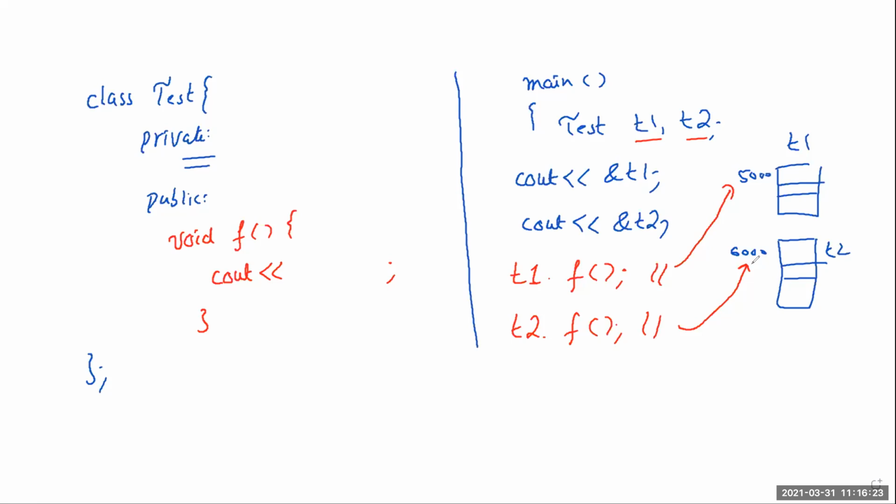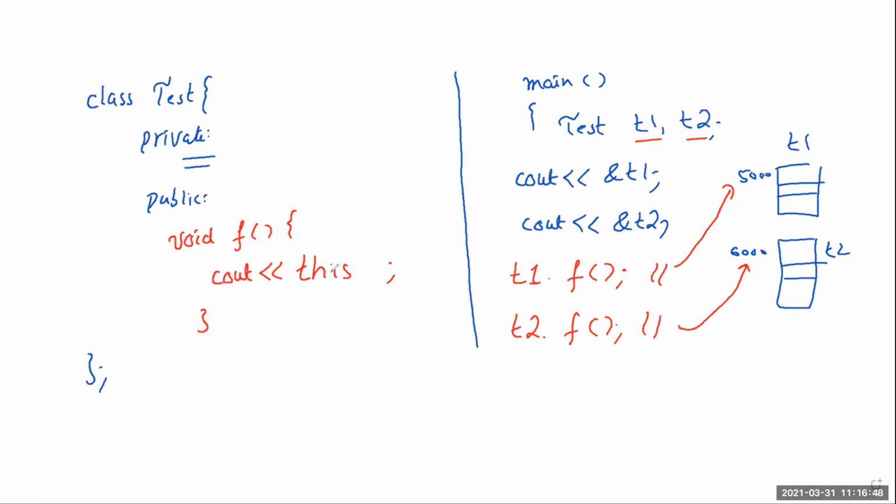So for this, we have a keyword in C++. You also have this keyword in Java, I think. And that keyword is this. In the simplest form, you can define it as: this holds the address of the current object. Of course, you can write it inside the class, not outside the class.